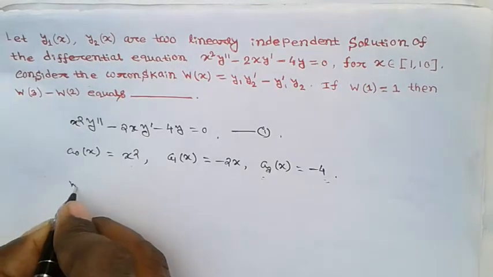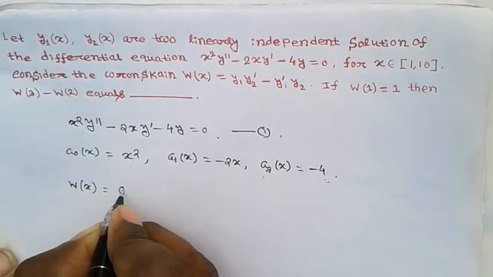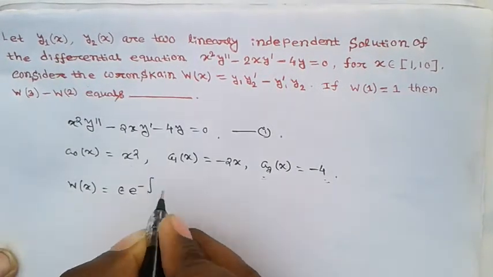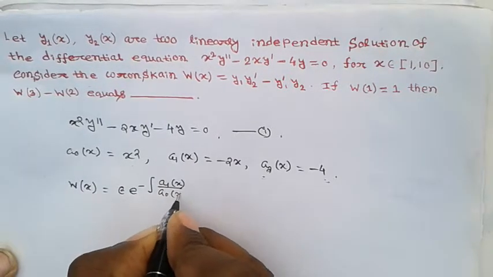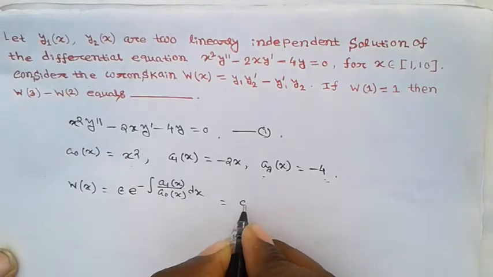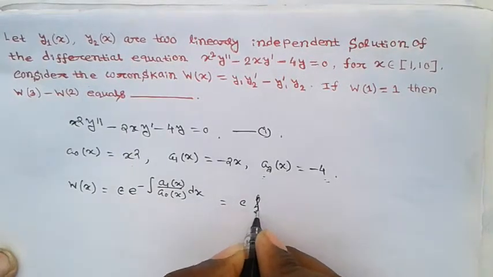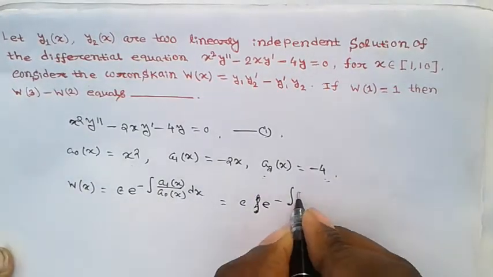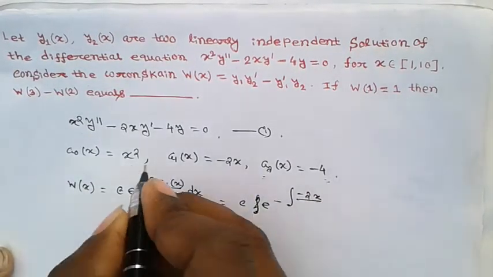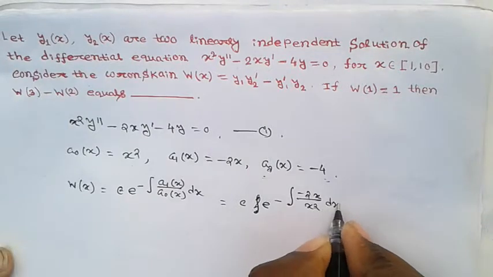So now the Wronskian W(x) = c e to the power minus the integral of a1(x) over a0(x) dx. This becomes e to the power minus the integral of −2x over x² dx.